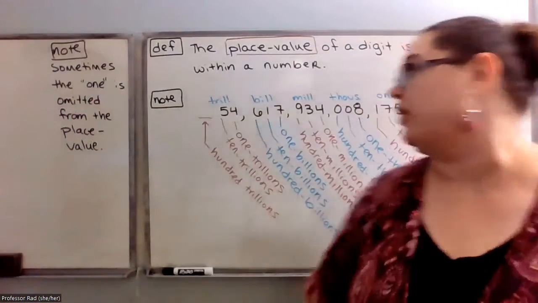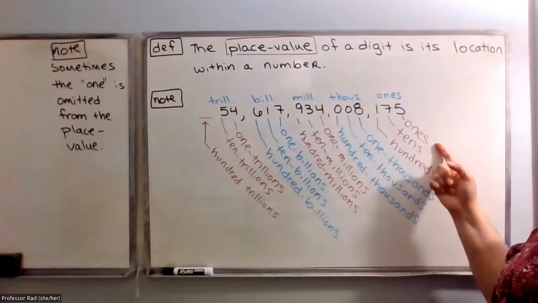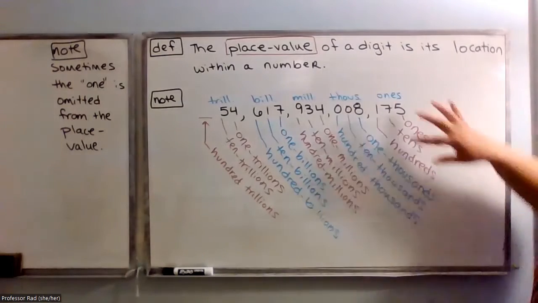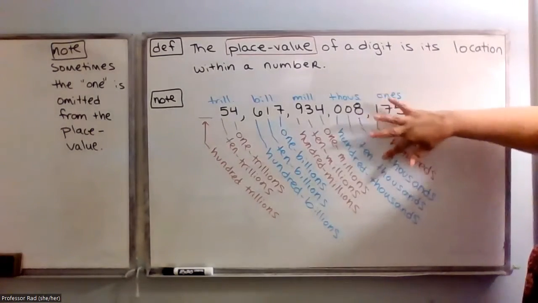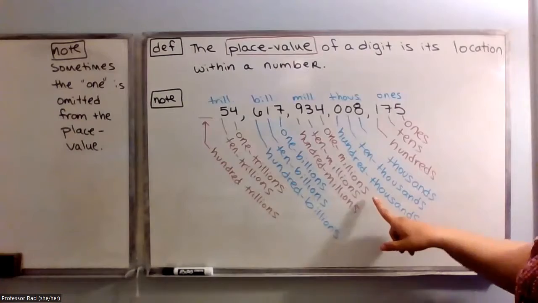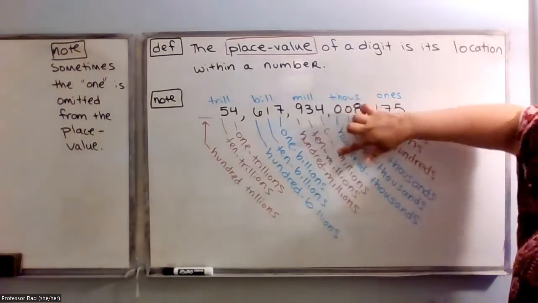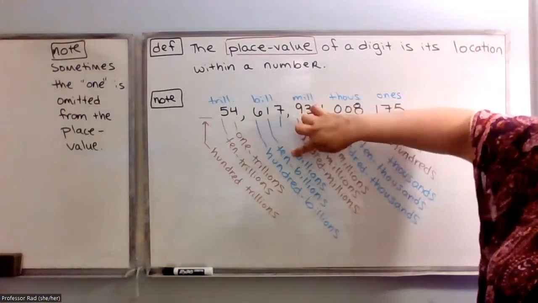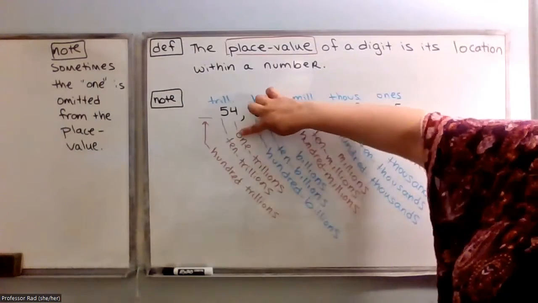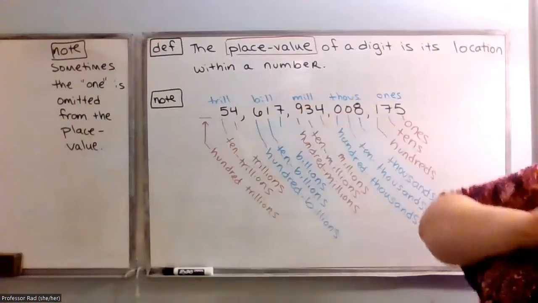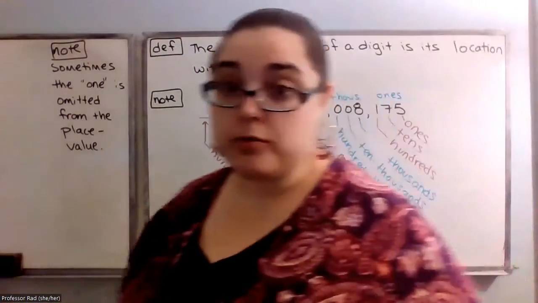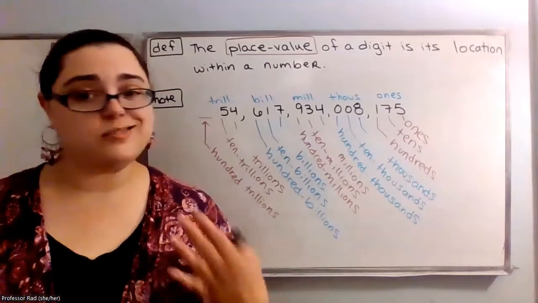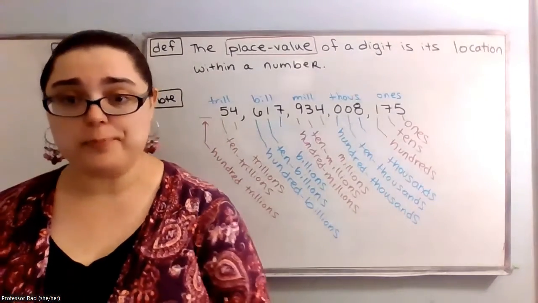The ones period is always the ones period. You can't cut it out there. But sometimes instead of saying the 1,000s period, we'll just say the thousands period. Or instead of 1 millions, you could also call that the millions. 1 billions, you could also call that the billions. 1 trillions, you could also call that the trillions. So either of those would be acceptable. 1,000s or thousands, 1 millions, millions, anything like that would be okay.